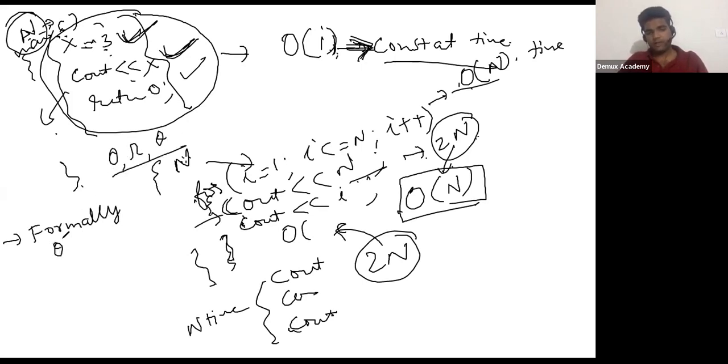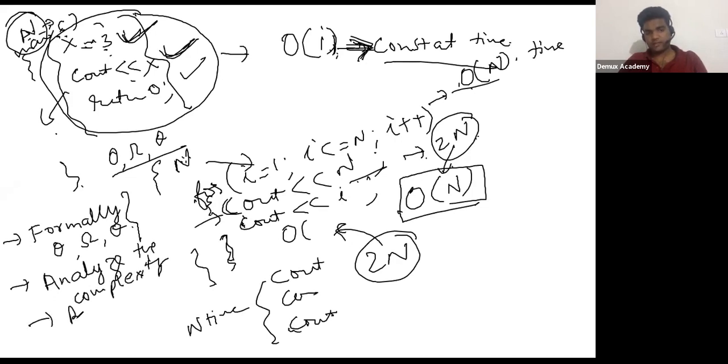Tomorrow we can formally define these for the sake of completeness, and then we can analyze complexity of programs using this tool. So that's what we will do tomorrow. In the first half, we will start binary search after that. So this is left to you as homework.